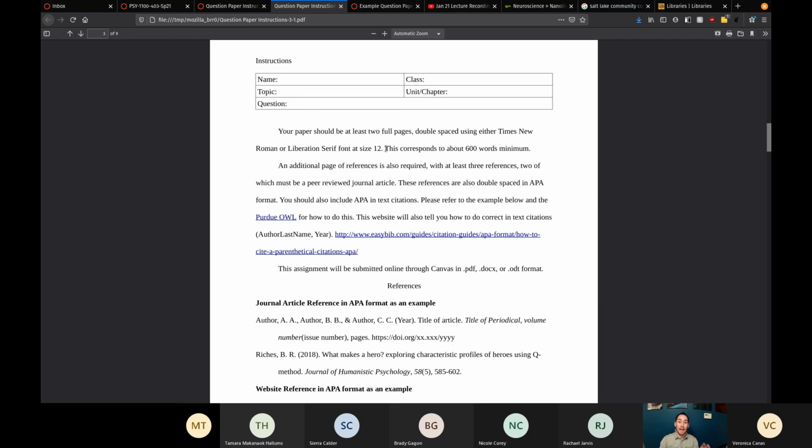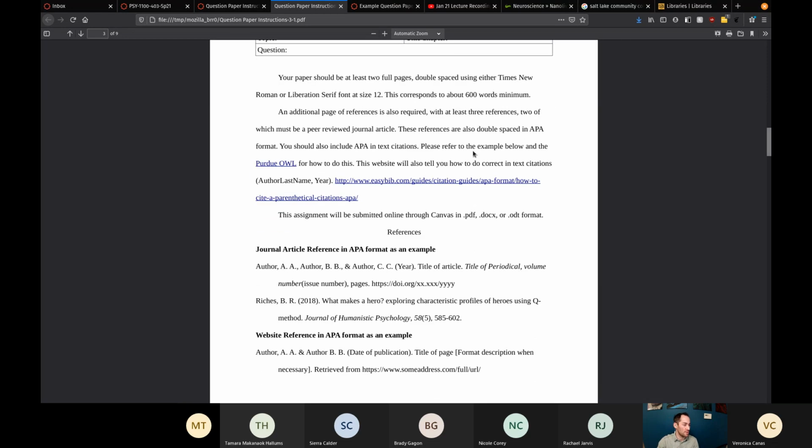If you have, say, 1.5 pages of written content and then a 3rd reference page, you're probably going to lose a few points because it doesn't meet that 2-page requirement. So again, this is about 600 words, which isn't that long. But also it depends on if there's a lot of I's in there. It might be a few more than 600 words. So the 2 pages is what you should stick to.